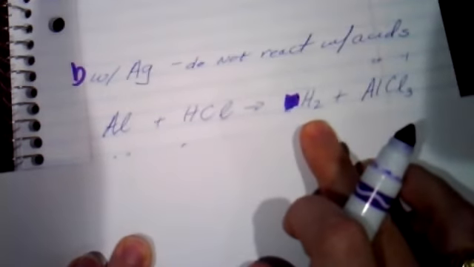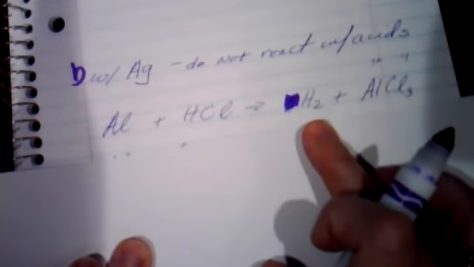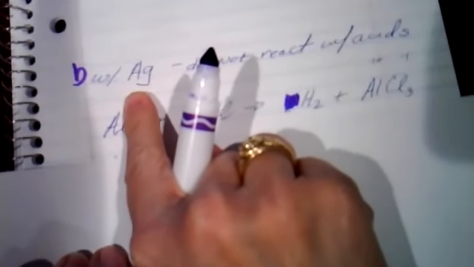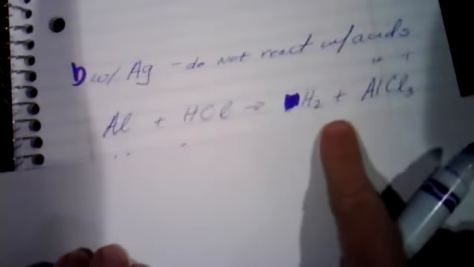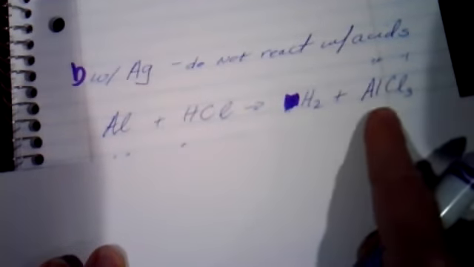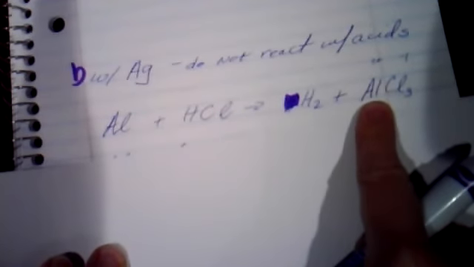And we know from the reading that it produces hydrogen. Plus, it was in that chart, the same chart that you used to figure out that silver, Ag, didn't react. So we know it produces hydrogen gas. And the only thing that is left after hydrogen pulls out right there is our aluminum chloride.